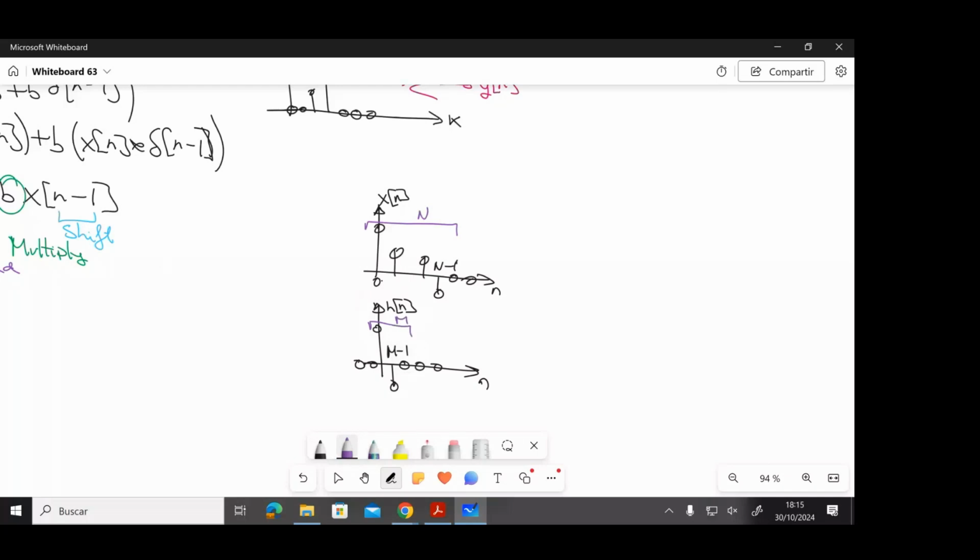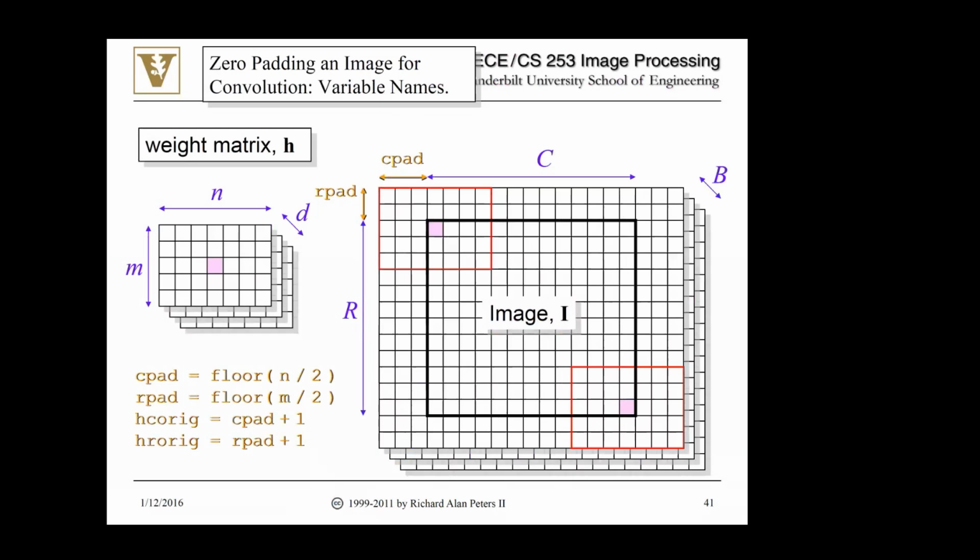So the convolution of the two, x of n with h of n, will mean n plus m minus 1 samples. So it is wider than the original.